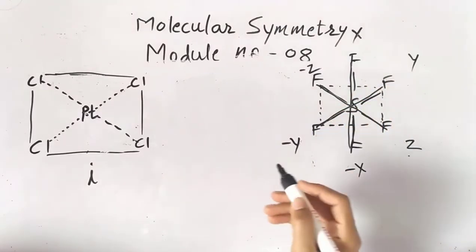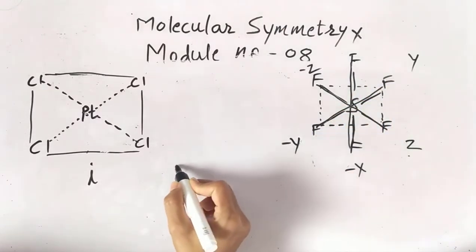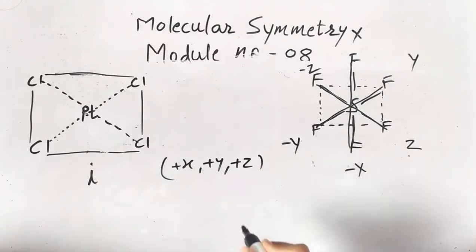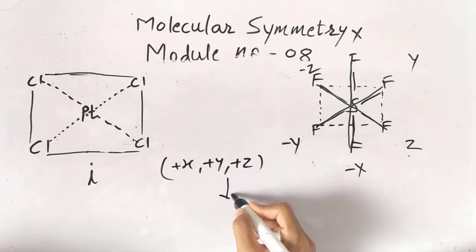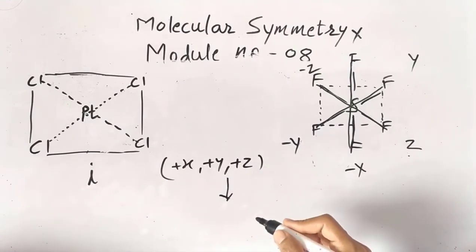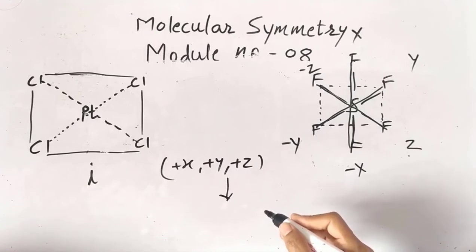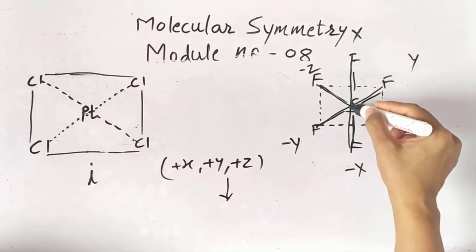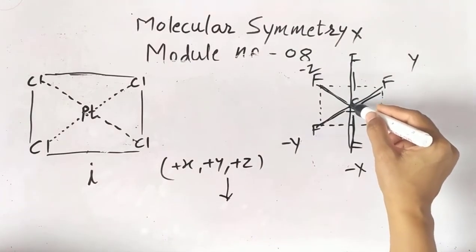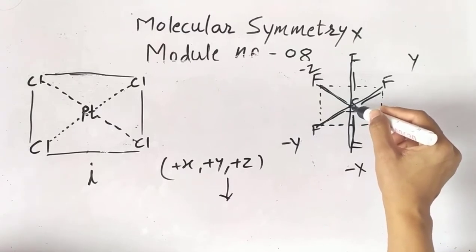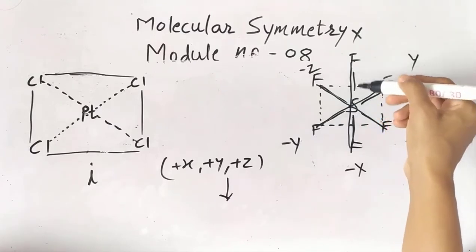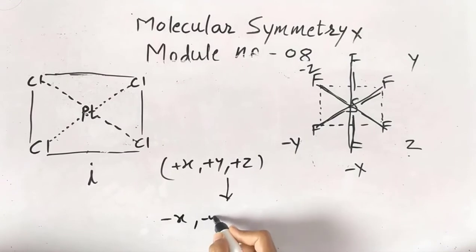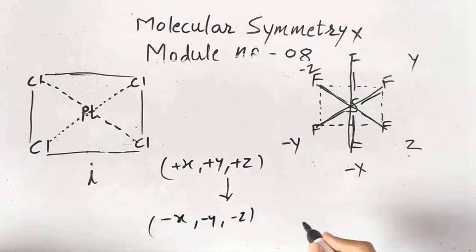We are going to change the coordinates plus x, plus y, plus z around the origin of the coordinates, which lies at a point within the molecule, from plus x, plus y, plus z to minus x, minus y, minus z.